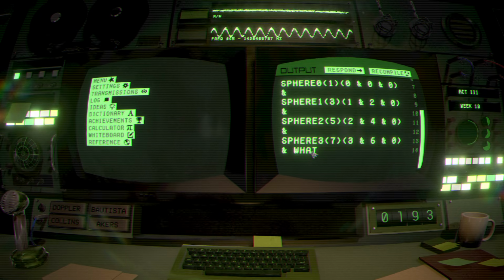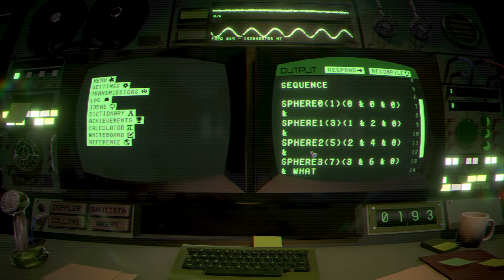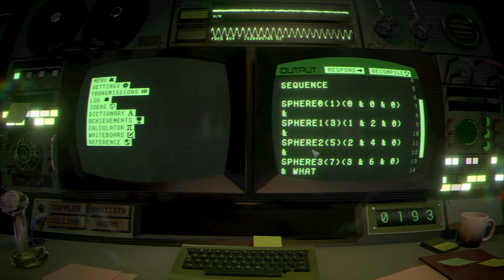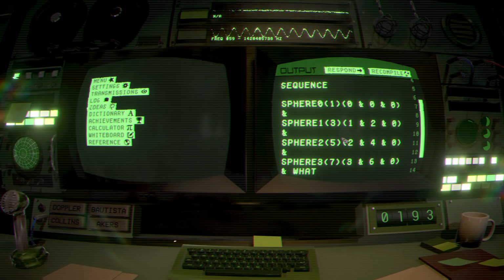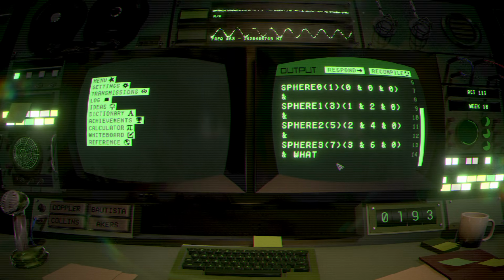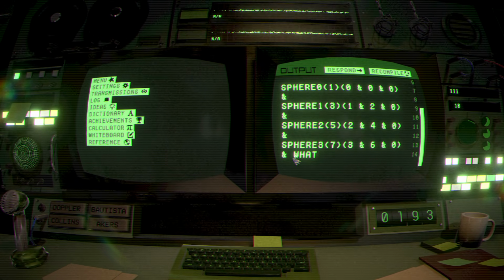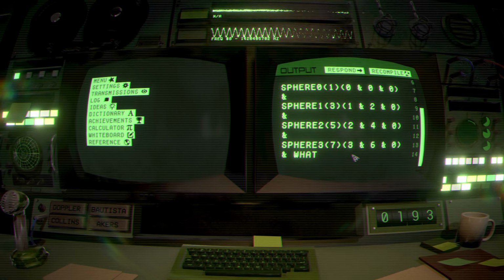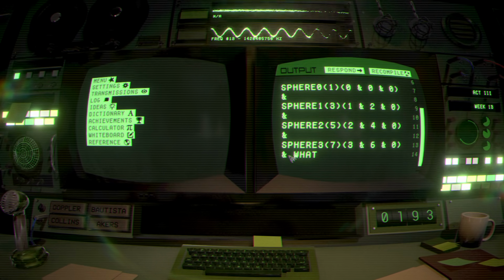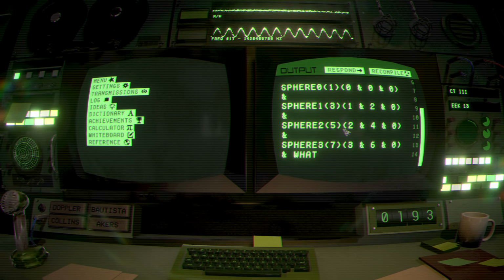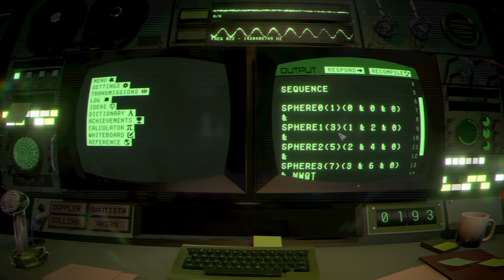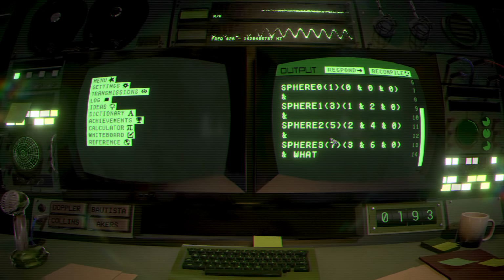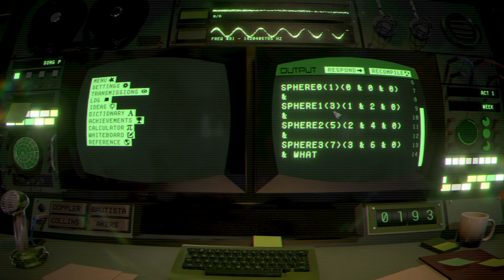Okay, so they're telling us 1, 3, 5, 7, and what? They want us to have an imaginary sphere 4? I believe so. Let's follow the pattern. So area is going up by 2.